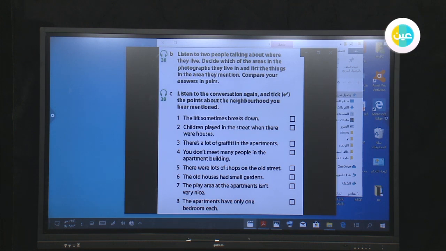They're easy to keep clean, and they're cheaper than houses. The supermarket is really convenient, too. Still, I'd love to have a garden. Yes, we used to have some nice flowers and an apple tree in ours. Okay, let's see if the lift is working, and you can come up and have a cup of coffee. Thanks. I'd love to.